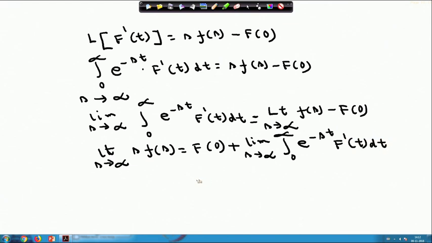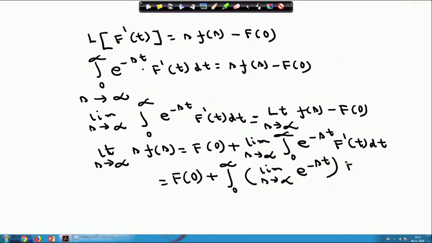This is equals to, you can write down f 0 plus integral 0 to infinity. This limit s approaches infinity you can bring inside this, so that it becomes limit s approaches infinity e power minus s t into f dash t dt. And what is this limiting value?